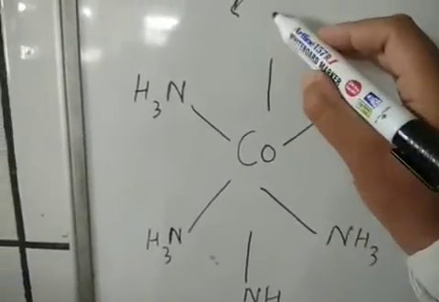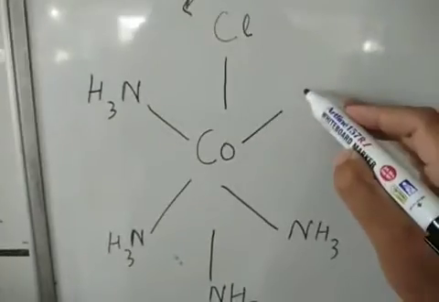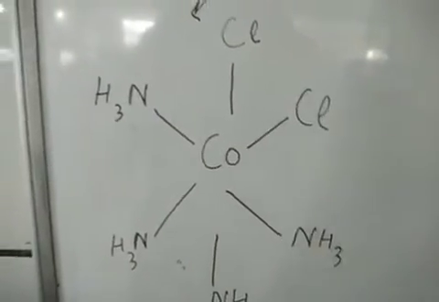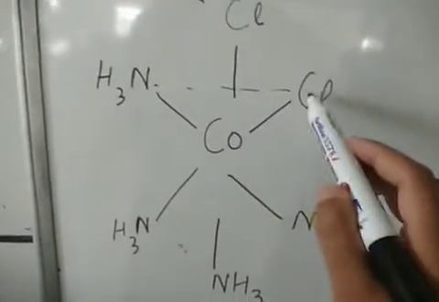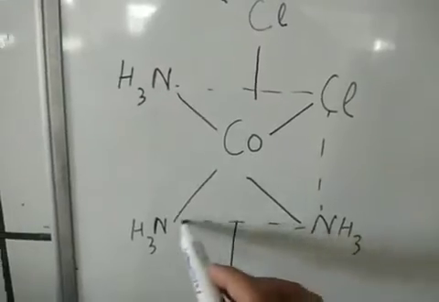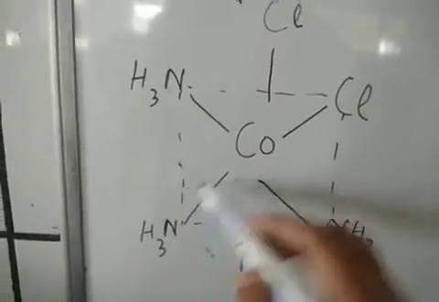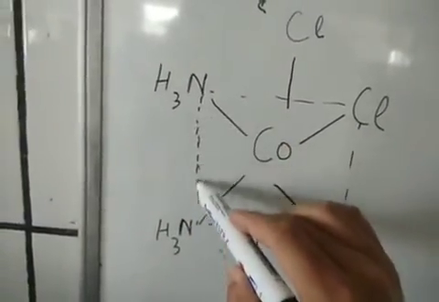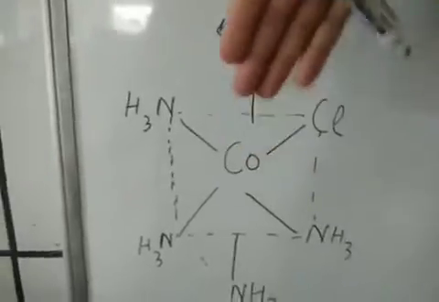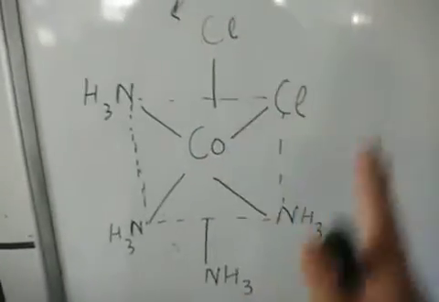These are coordinate bonds, so we have 1 chloride here left, another chloride ligand here left. So this is our square planar, these 4, and then this is above the plane and this is below the plane. So this is your octahedral.